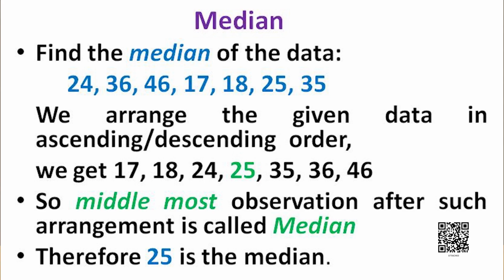All right, but do you see how many observations are there? 1, 2, 3, 4, 5, 6, 7. Yes, since there are 7 observations, it was easy to find out which one is in the middle, right? But what happens if you have 8 observations, or say 10 observations, or say 12 observations?